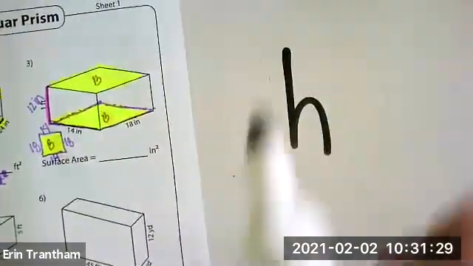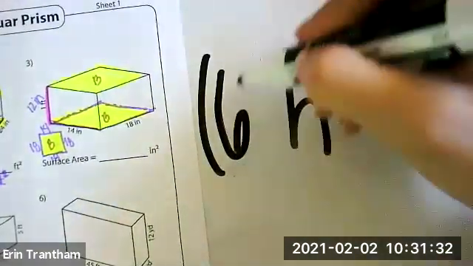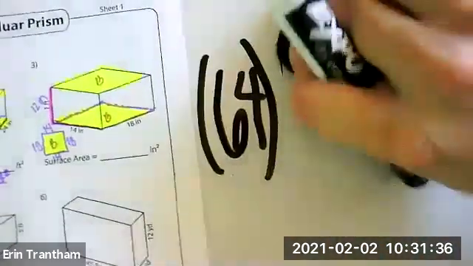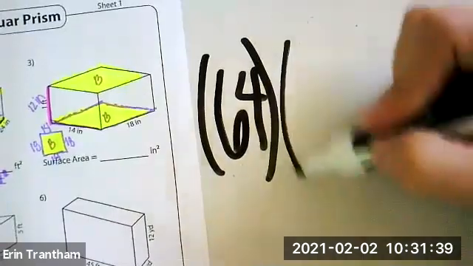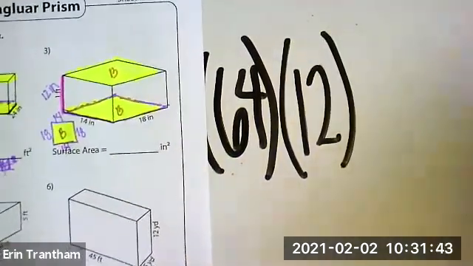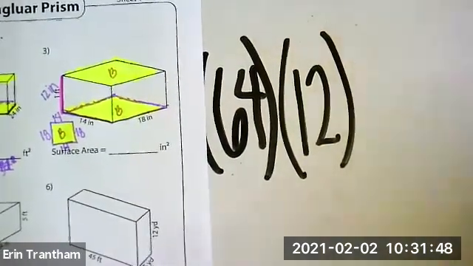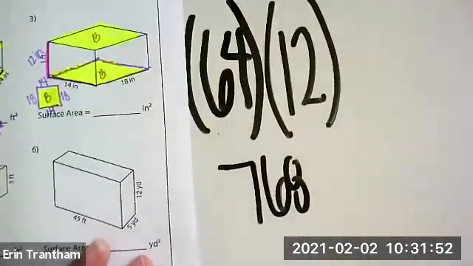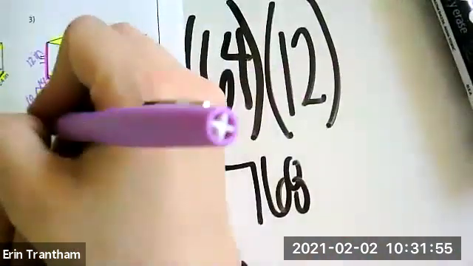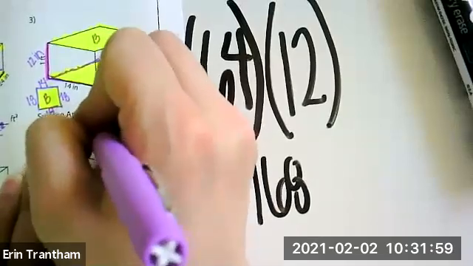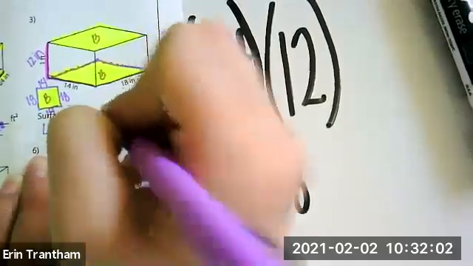I'm going to replace my big P with 64. And what's my H? 12. Yes. So 64 times 12 is 768. That is your lateral. So add LA. That's gonna be 768 inches squared.